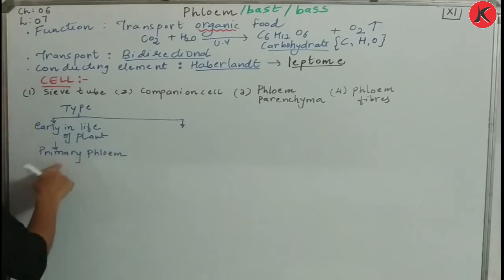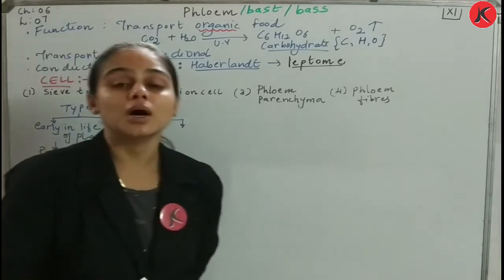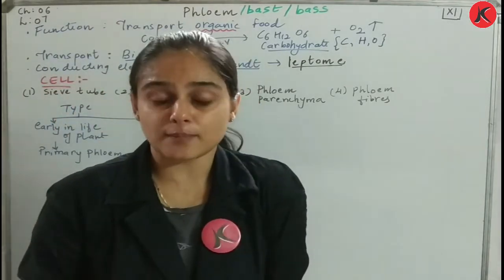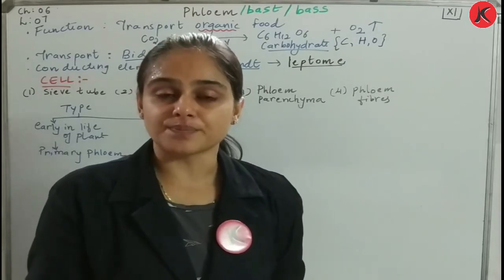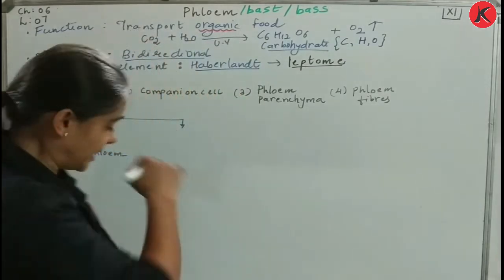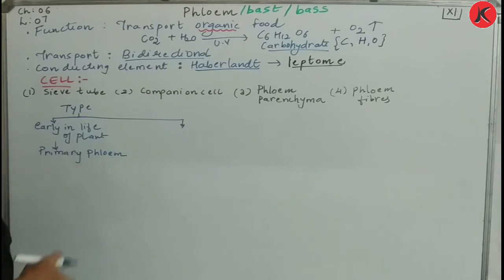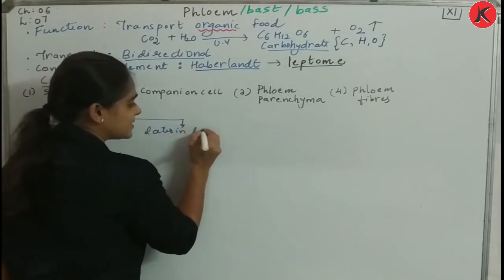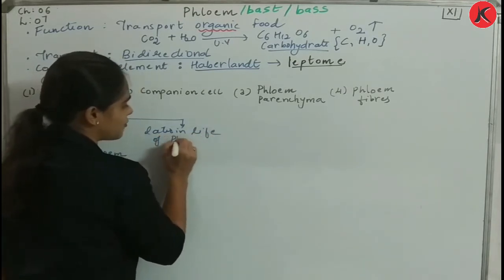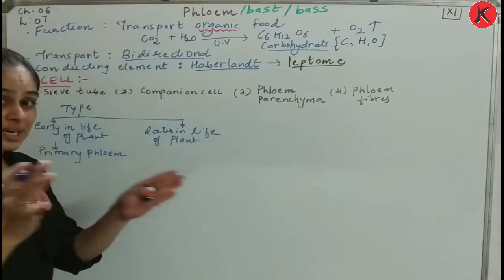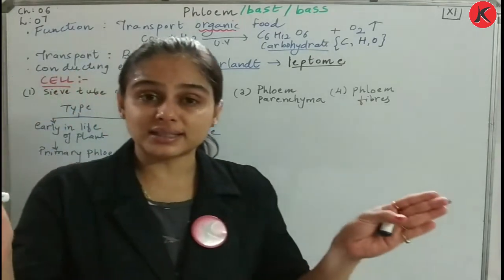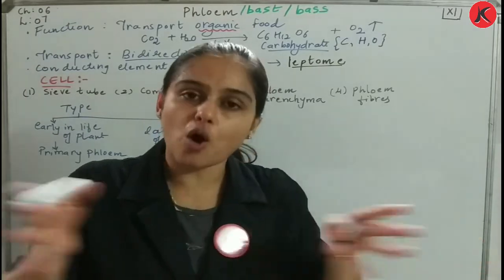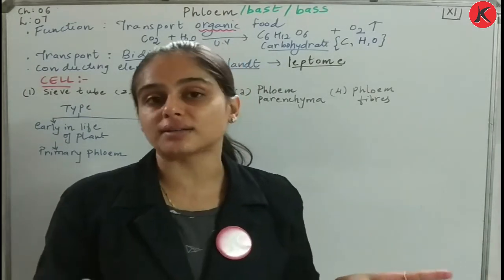What it is said? Primary phloem मतलब हमने वो पढ़ा था primary meristem, yes, and secondary meristem. सो primary meristem से जो phloem बना, that is called as your primary phloem, and which appears later in life of plant, that is due to lateral cambium, that is due to lateral, I mean to say secondary meristem. Yes or no? That is secondary or lateral meristem, ऐसा मैंने आपको बोला था.